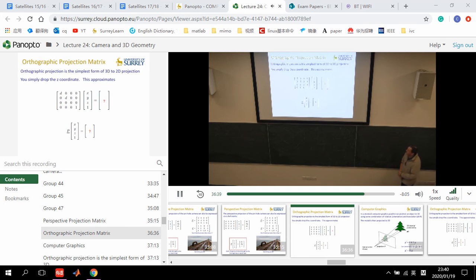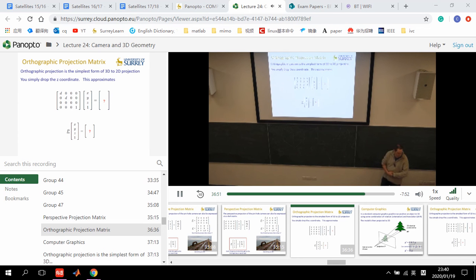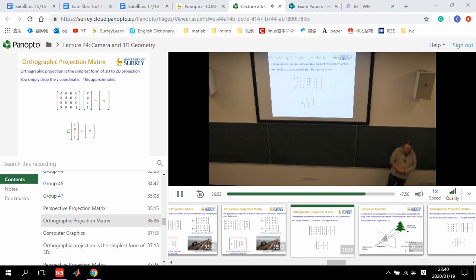There are other kinds of projection as well. There's another type of projection that's commonly used in architects' plans for drawing a 2D image of a 3D object, like a house, called orthographic projection, which is a very fancy name for just drop the Z coordinate. So in an orthographic projection, X and Y are unchanged, and we just drop the Z. You could do that perhaps with this matrix.